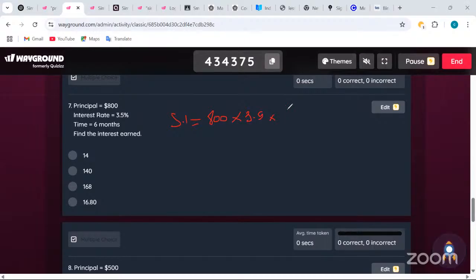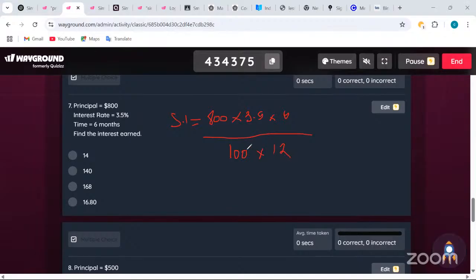As we're converting to years, it's going to be 6 over 12. So it's 800 times 3.5 times 6 all over 100 times 12.